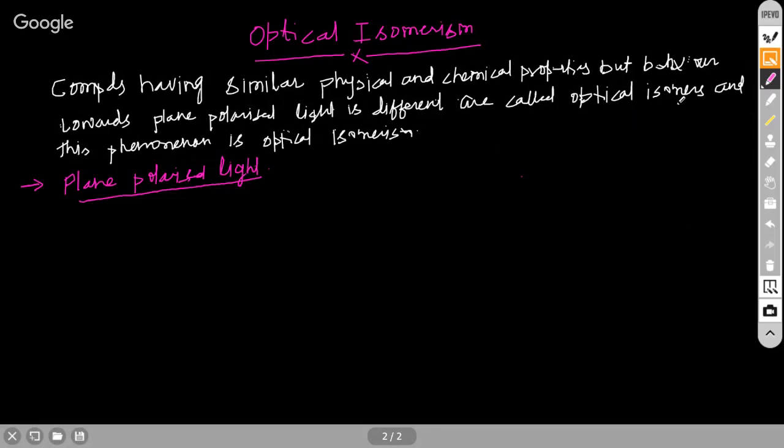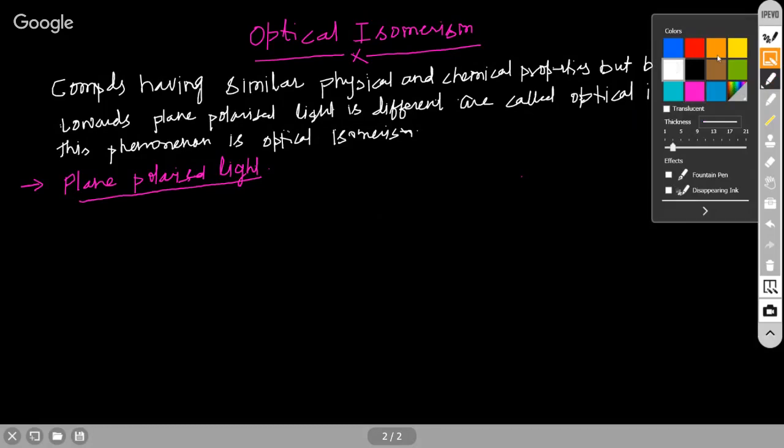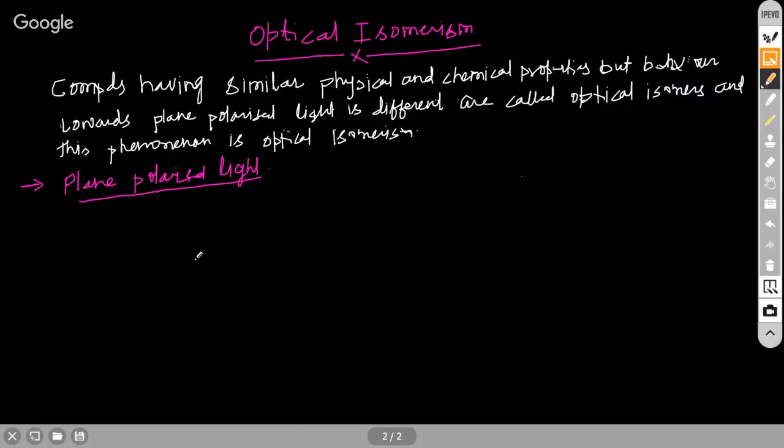When you have a light source, suppose, that light source will emit light in all directions, every possible direction.